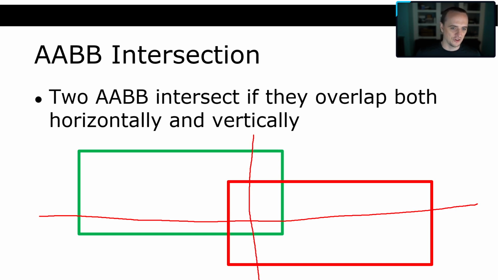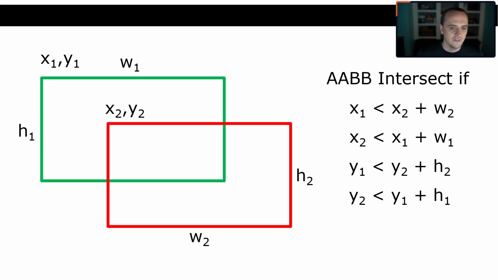This is not a very vertical line, but I'm using a mouse. So axis-aligned bounding boxes intersect if those 4 conditions are met. This is the condition for vertical overlap, and this is the condition for horizontal overlap.